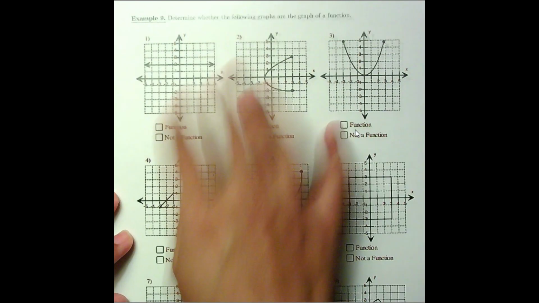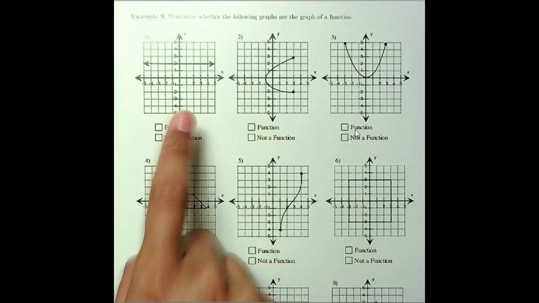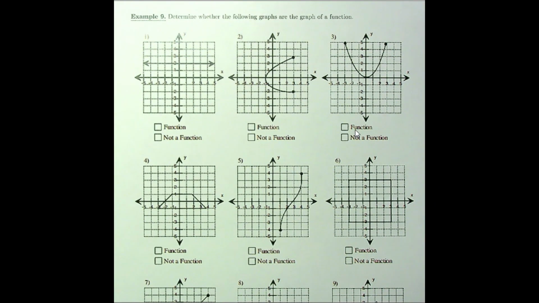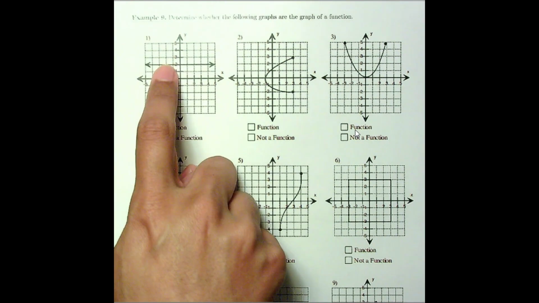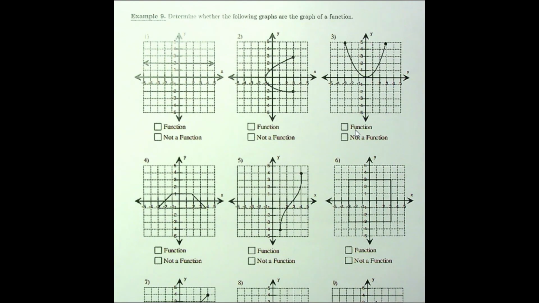So here's the first one. Is that a function? The graph, if you cannot see that very clearly, is a horizontal straight line. That's the graph. Is that a function? Yes or no?